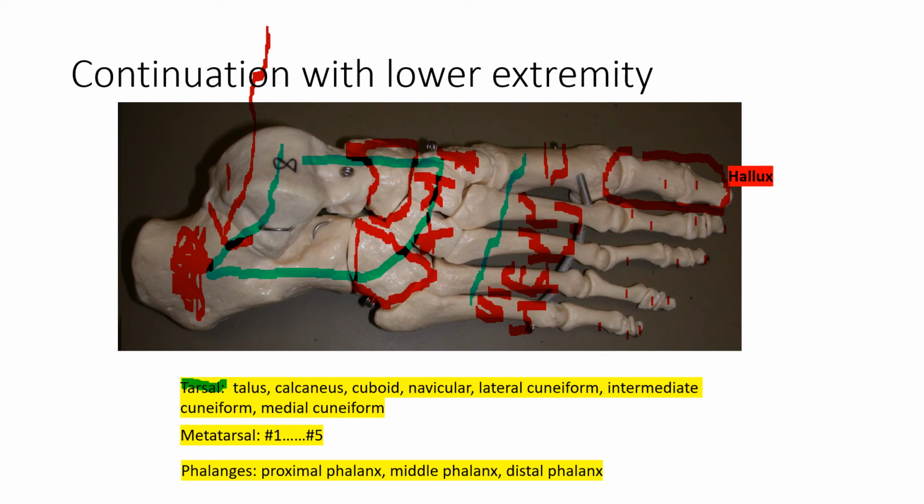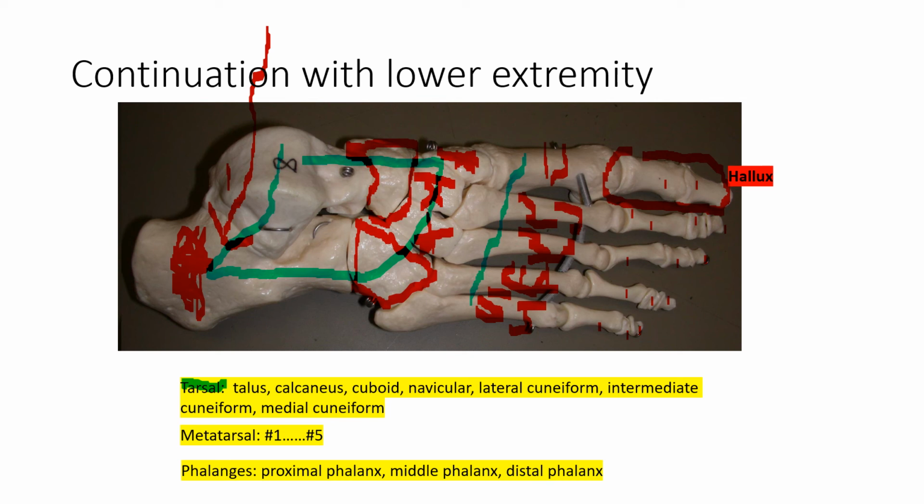All small toes have 3. 1, 2, 3. 1, 2, 3. 1, 2, 3. 1, 2, 3. So it's the same arrangement as the fingers and the thumb.